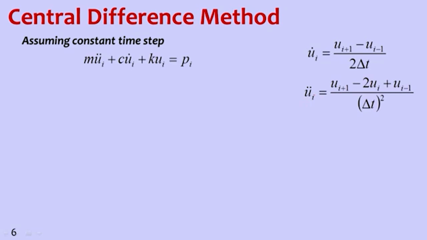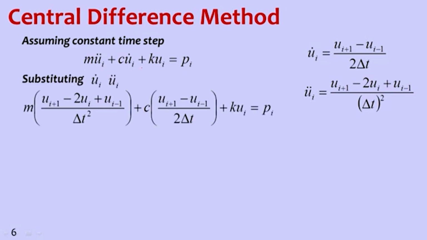We substitute velocity value and acceleration value in this equation and simplify it further. So substituting that, as you can see this one, m times u i plus 1 minus 2 u i plus u i minus 1 by delta t square, acceleration term we substituted, velocity term we substituted, and displacement term k u i is equal to p i.